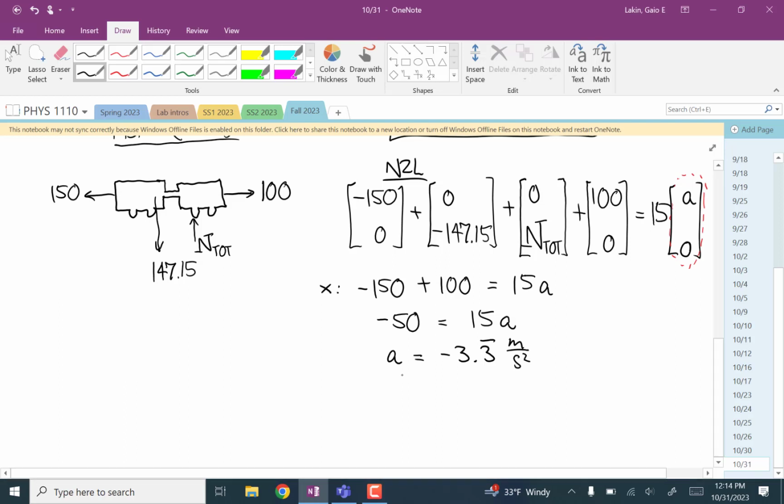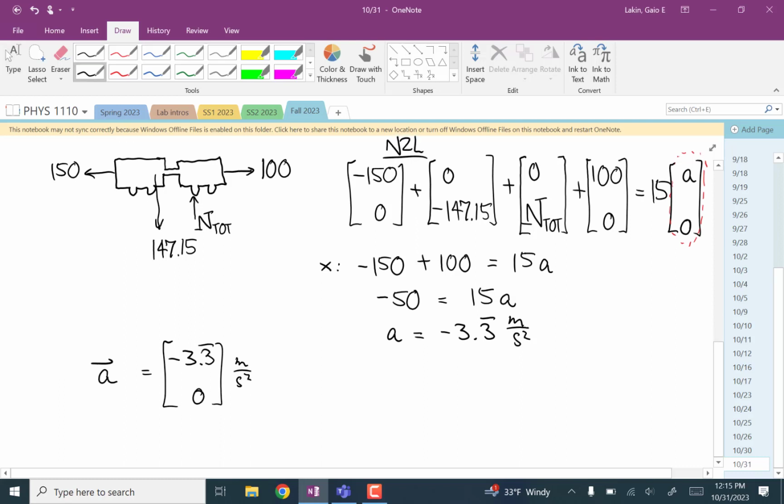Well, I didn't ask for the variable a, I asked for the acceleration vector. So now we want to plug this back into that vector. And what we get is negative 3.3 repeating, 0. Or if you want to visualize it, that's in the negative x direction with a magnitude of 3.3 repeating.